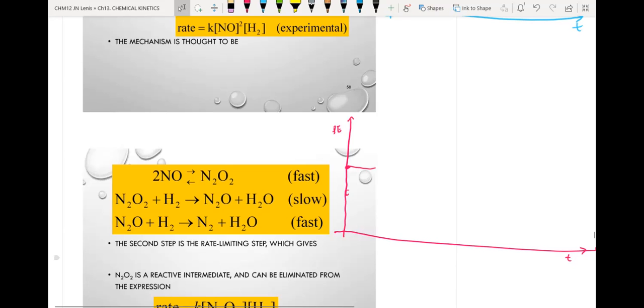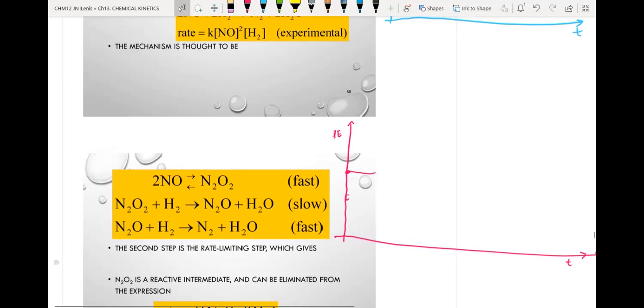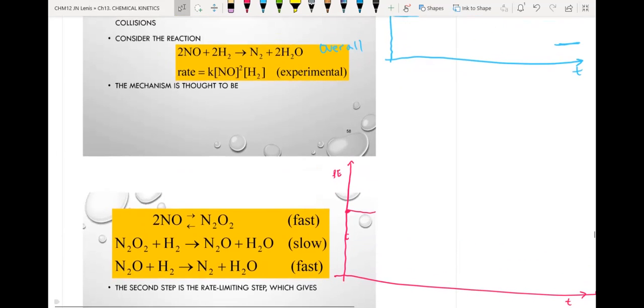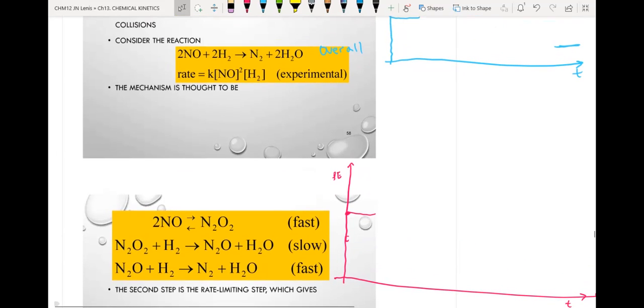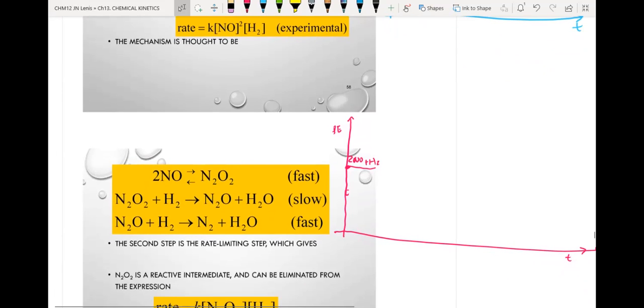In this case, our reactives are 2NO plus 2H2. So we have initially 2NO plus 2H2, all reactives there, ready to work.